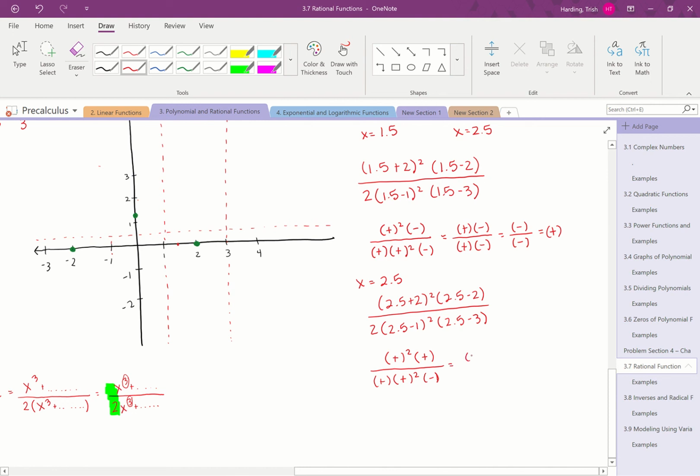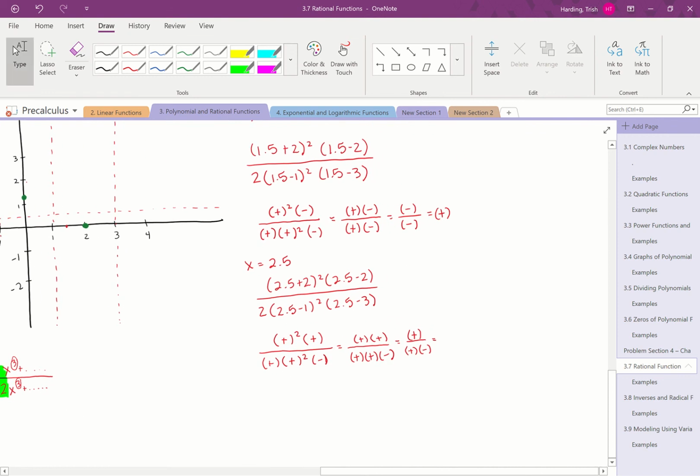A positive number squared gives us a positive number. Again, a positive number squared gives us a positive number. So two positives multiplied together is a positive. These two positives will be another positive, and then we'll have our negative. So we will have a positive number on top, and a positive times a negative is a negative.